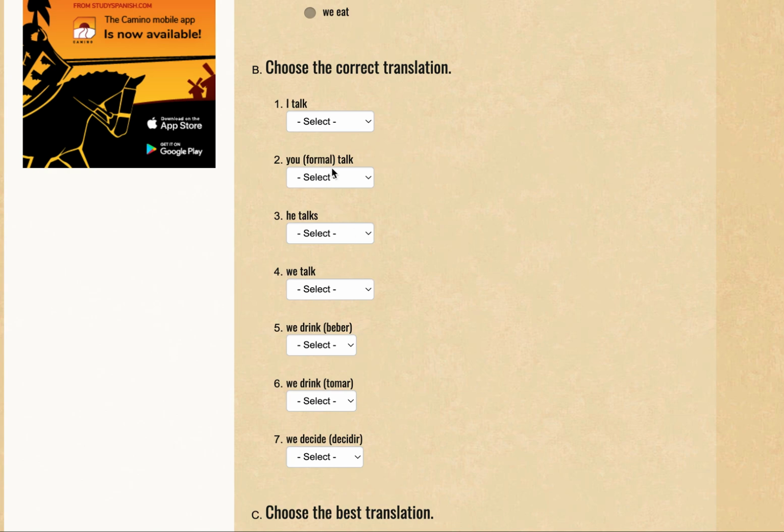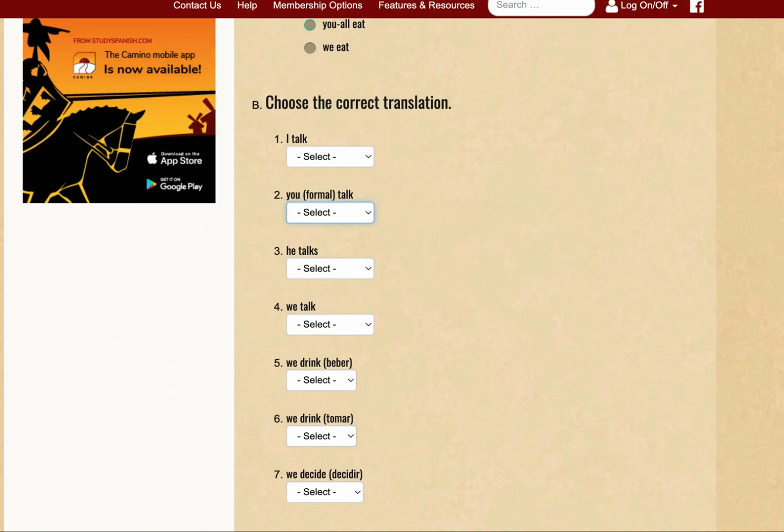We decide, we drink, we talk, he talks, you formal. So you formal is usted, and I think you're not sure about the conjugation rule, because that was probably in section 1 or section 2 of part 10. So I think that's where you made an error in answering it.